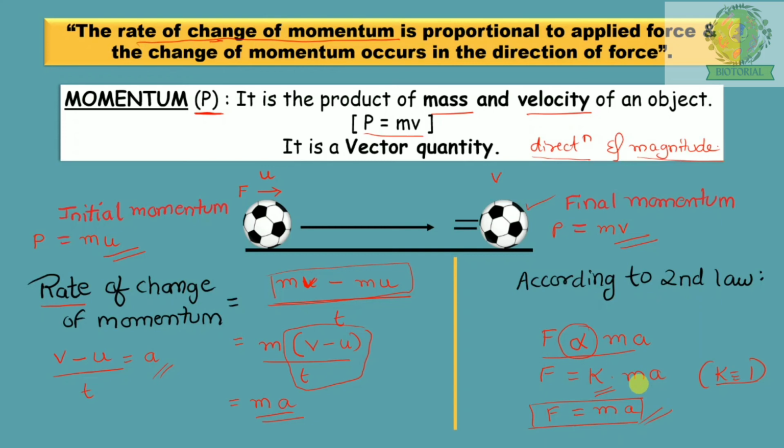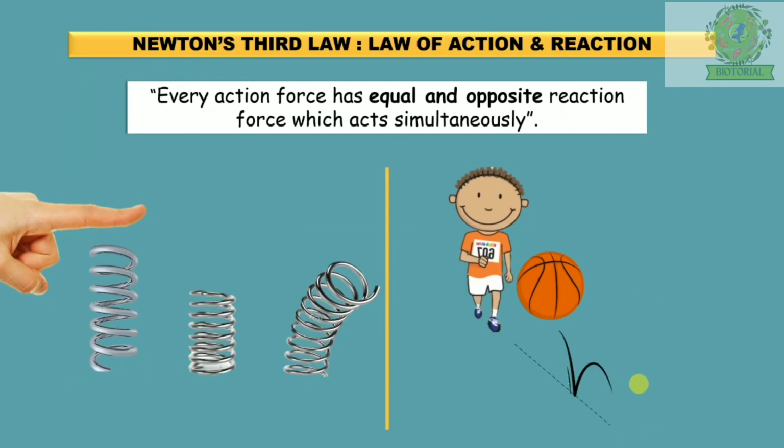Now moving on to the third law, which says that every action force has an equal and opposite reaction force which acts simultaneously. This law is also known as the law of action and reaction. In order to understand this law, we will consider two examples.